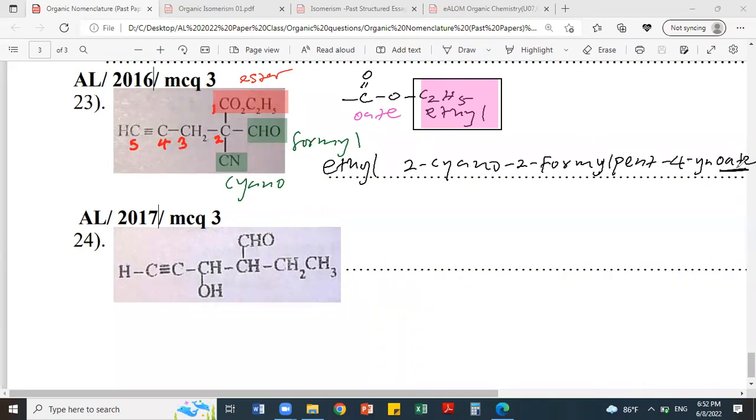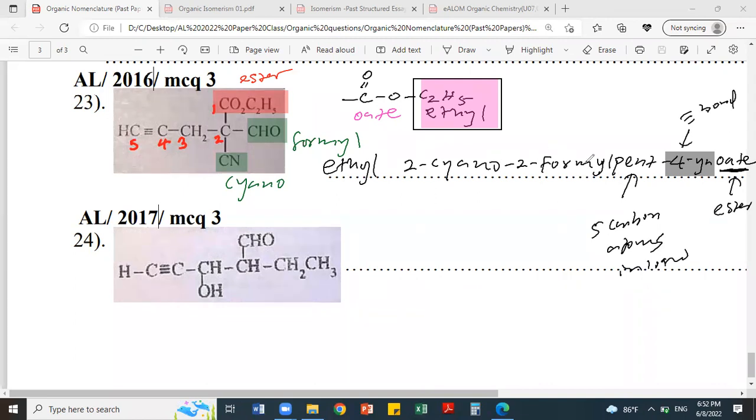Why oate? Because of the ester, the functional group. Why 4-yn? Because of the triple bond at the beginning of the fourth carbon. And why pent? Because there are 5 carbon atoms in the longest chain. So there's a reason for all this.